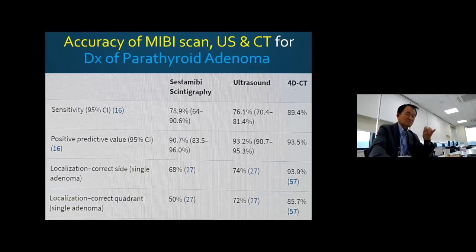It takes time to interpret but gives relatively higher localization numbers. So combining more studies is far better, but most often in my experience, the sestamibi scan usually identifies the parathyroid if serum calcium is greater than 11.